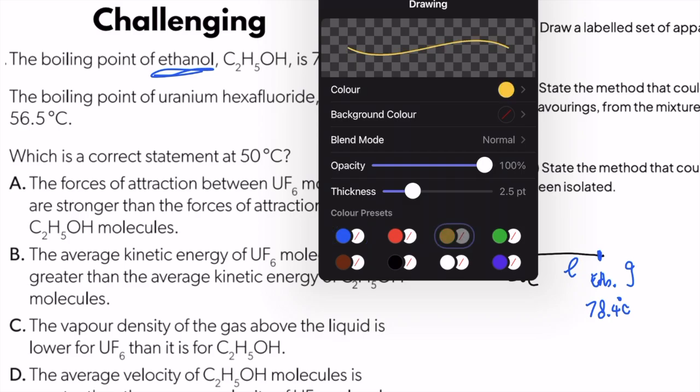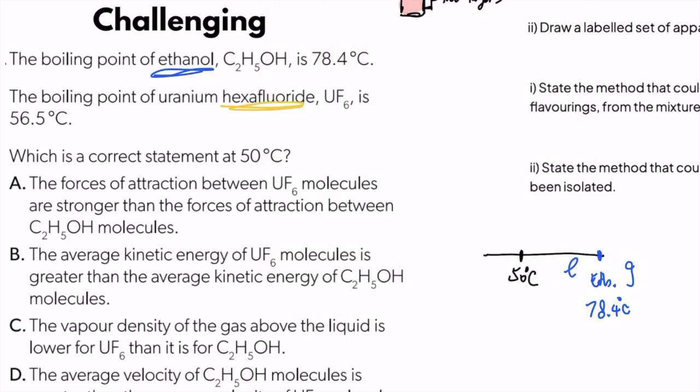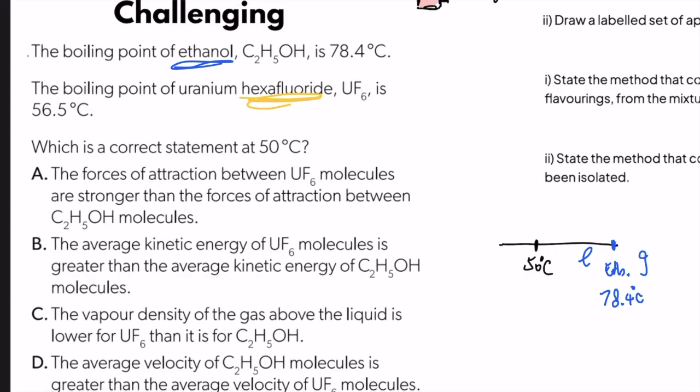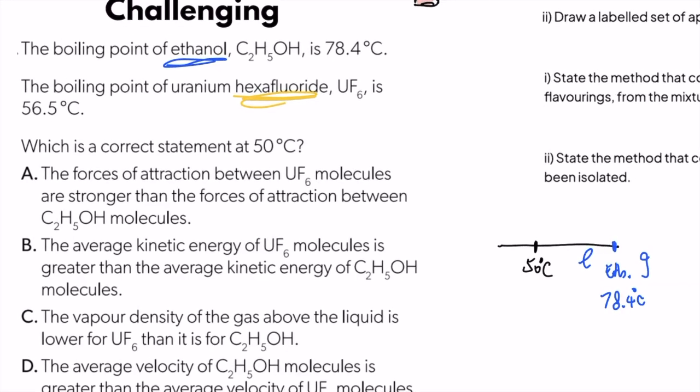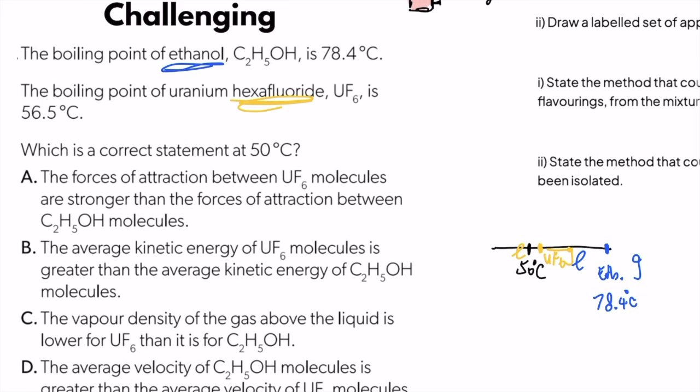Then we can look at uranium hexafluoride. I'm going to do it in yellow. The boiling point of uranium hexafluoride, UF6, is at 56.5. Prior to this, UF6 would be a liquid, and then after it will be a gas. Let us see which is a correct statement at 50 degrees Celsius. So let's unpack what each of these selections means.